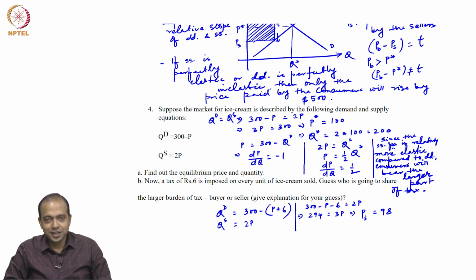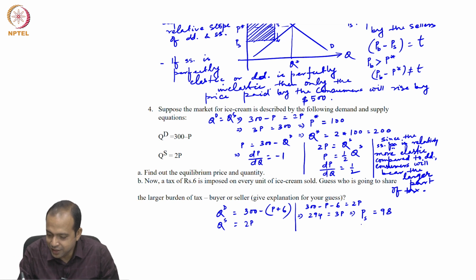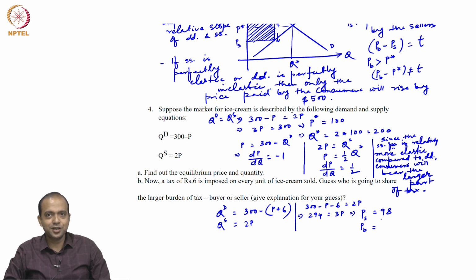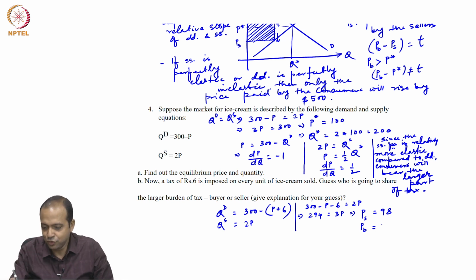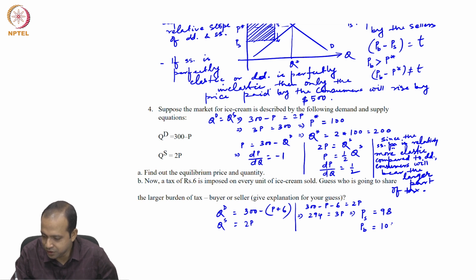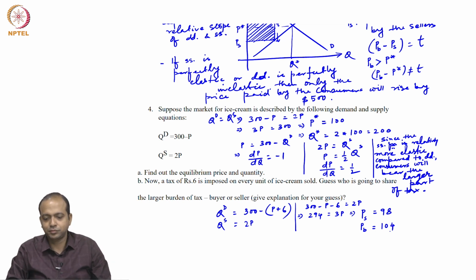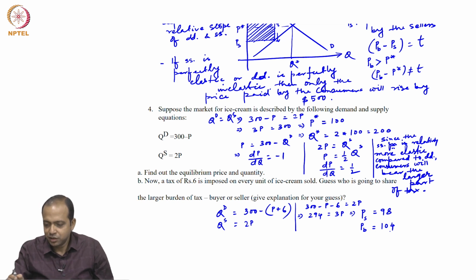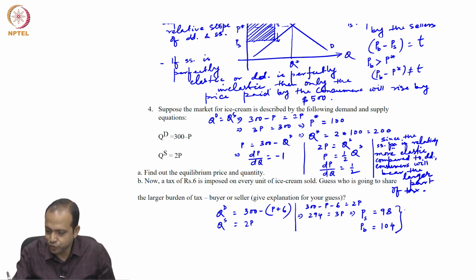So, obviously, what should be the PB then? How do you get the PB? Again, the theory says the difference between PB and PS is 6, or the tax amount. Since PS is 98, of course, the PB should be 104. Okay. So, this way we have to explain. How do you get this?